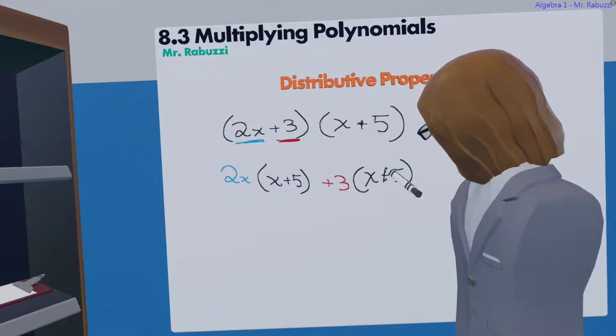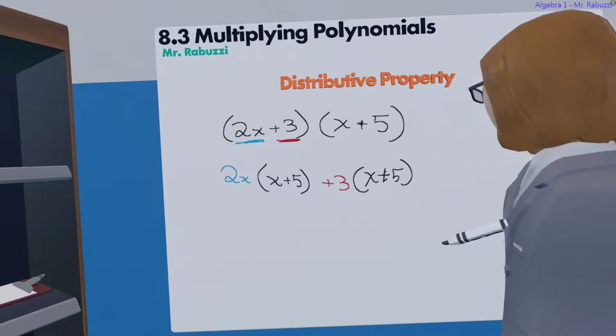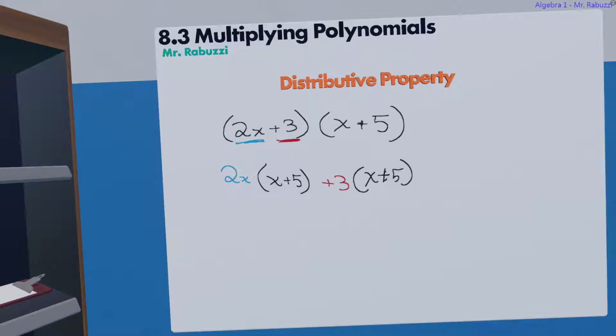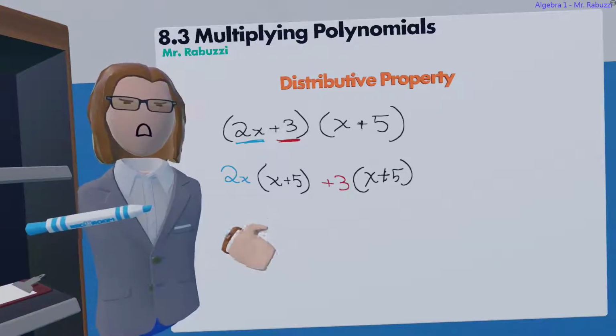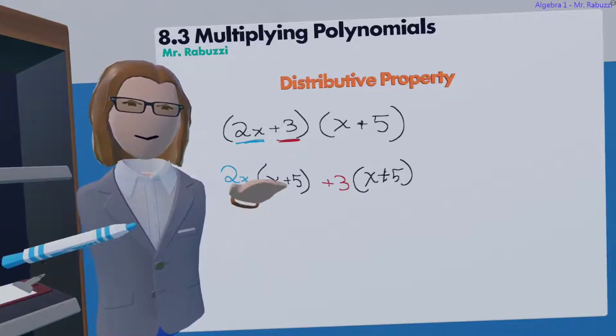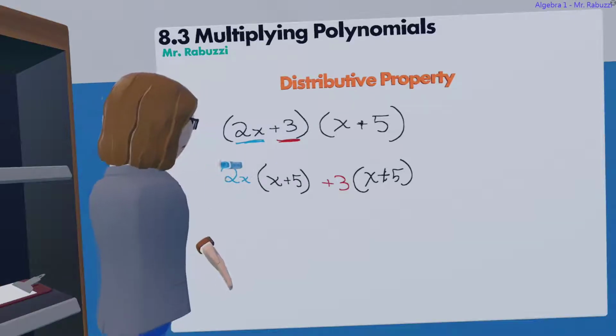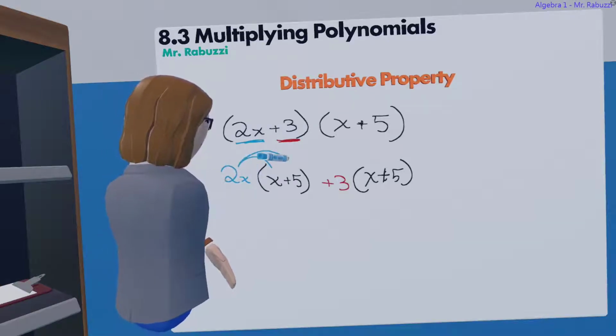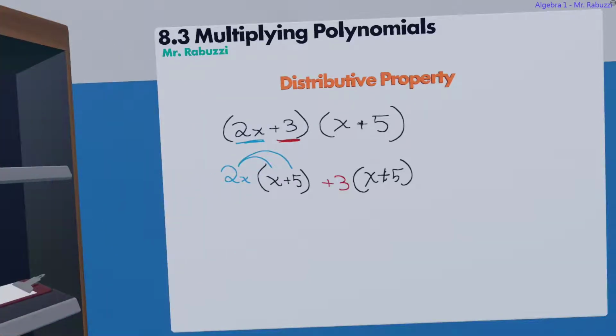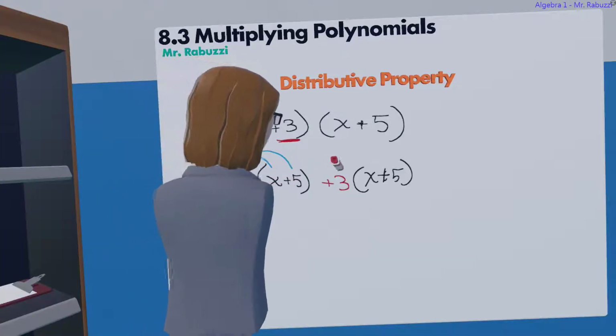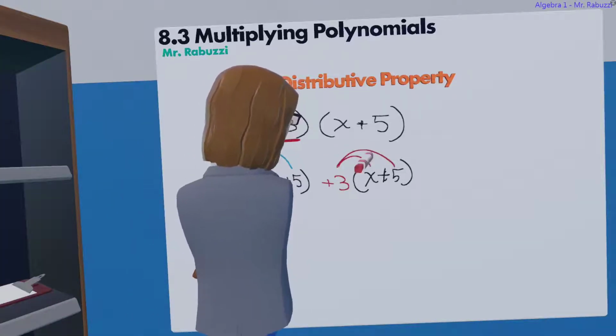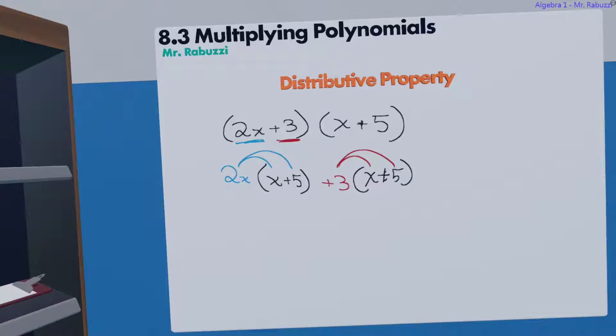It's a little squishy, but okay. Now it's just 2 of the problems we did on the warm-up, right? 2 simple distribution problems. Multiply and multiply, and multiply, multiply. Okay?